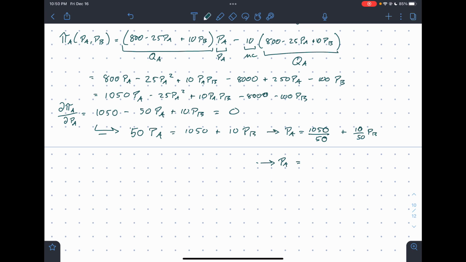It's 21 plus PB over 5. So the best response of firm A to the price PB is 21 plus PB divided by 5.